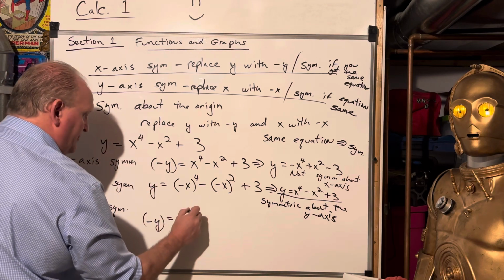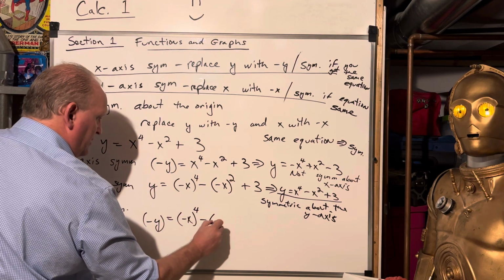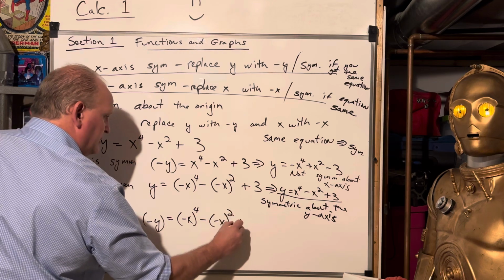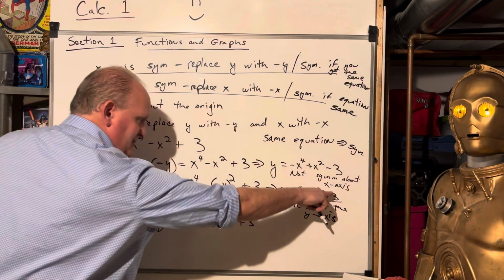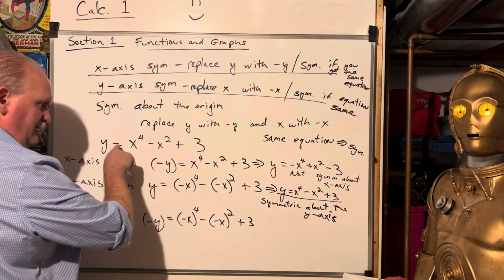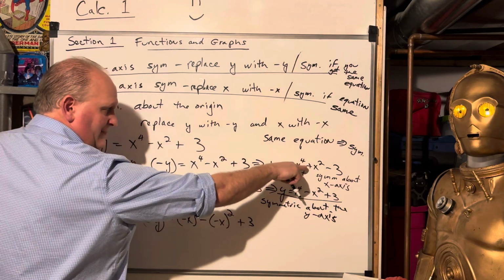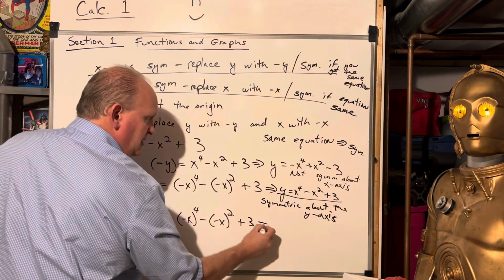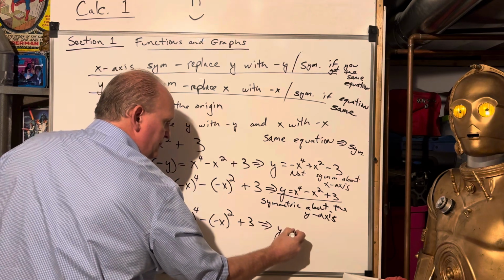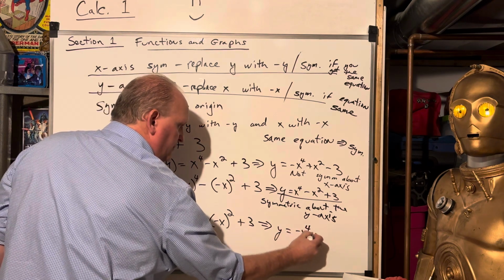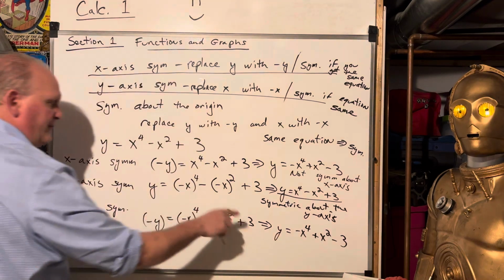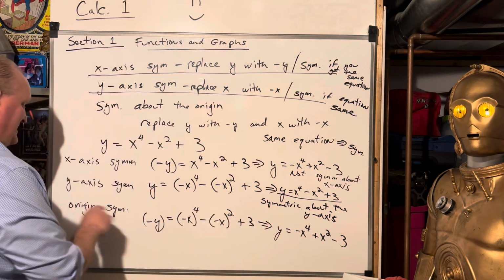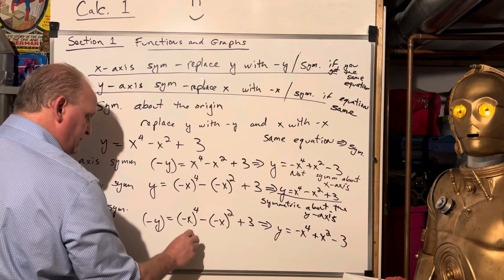And you probably already know what's going to happen here, right? Because this, we already just did, is the same, but this is going to flip the sign. So we're going to end up back with that equation, which is not the same as what we started with. Therefore, this is not symmetric about the origin.